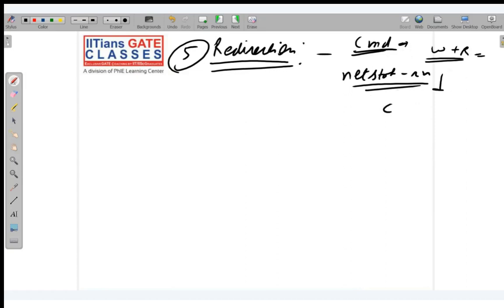In that command prompt, you type netstat -rn. Hyphen means it is an option. Okay, this is the command netstat -rn, and it will give you the entire routing table of your machine. So you can check that out.